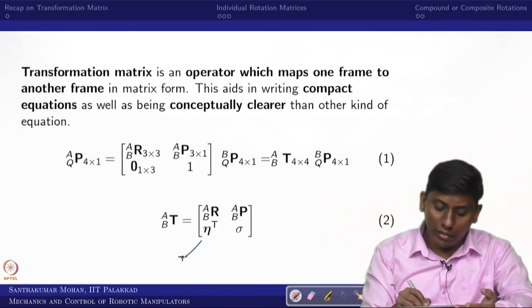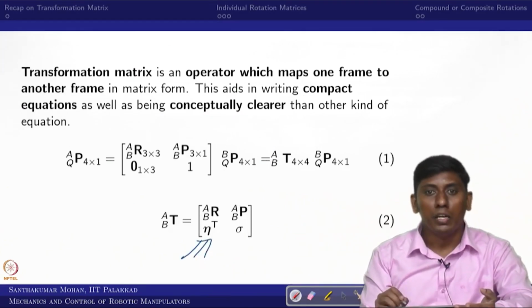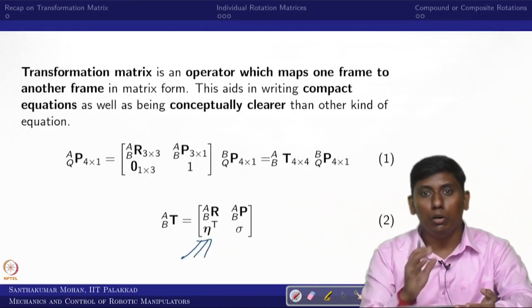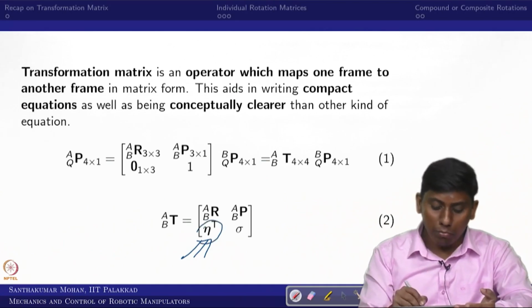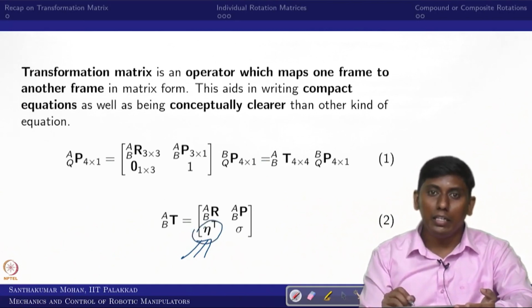Even then, we have said that the perspective vector will come when you are looking at the position in a different view rather than an orthographic projection or orthographic view. In reality most cameras have perspective, so the perspective vector will come.